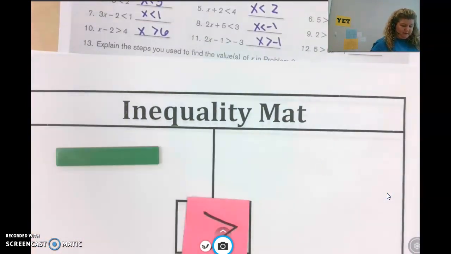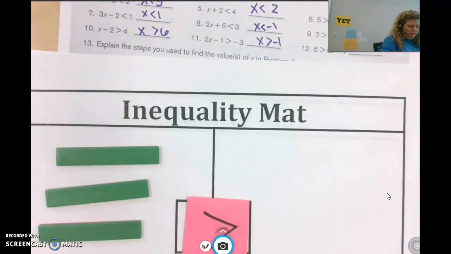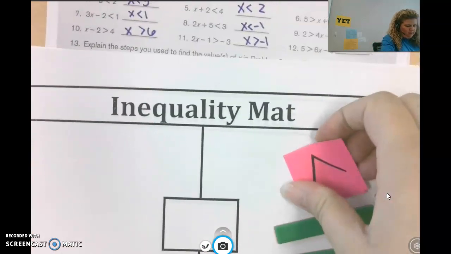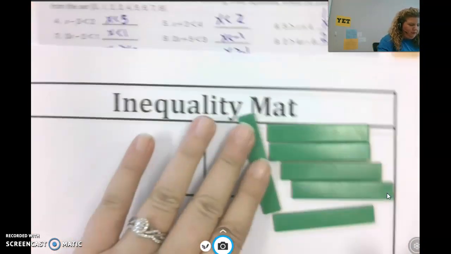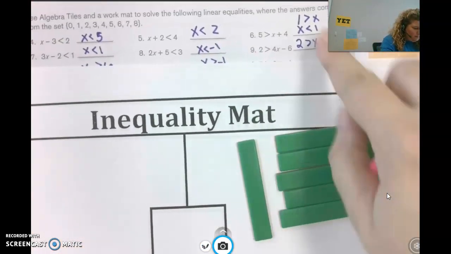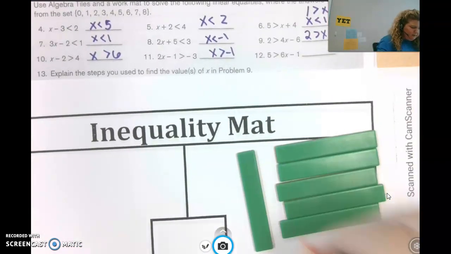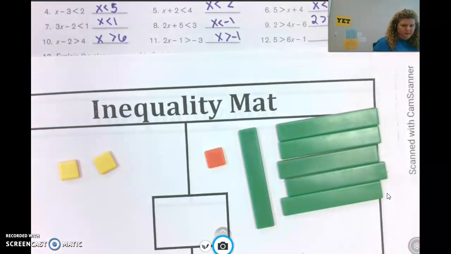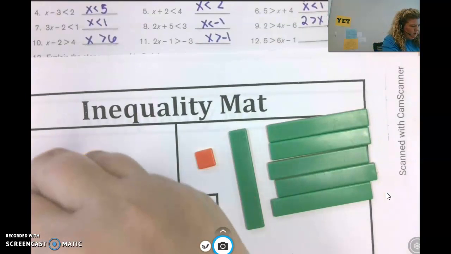Ooh, 6 x's. Do I have 6 x's? 2, 3, 4, 5, 6 x's. Oh, that goes over here. 6 x's. Okay, then what? Minus 1. On the other side, I have 2, 3, 4, 5.